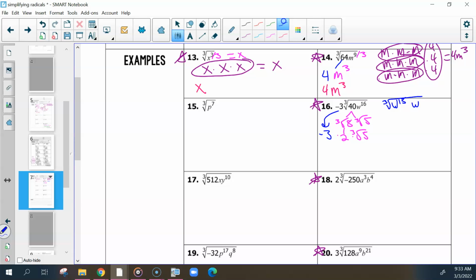So w to the 16, 3 goes into that. You'd have to find the closest number that you can divide by 3. If I divide this by 3, that would give me w to the 5th with 1 w left over.